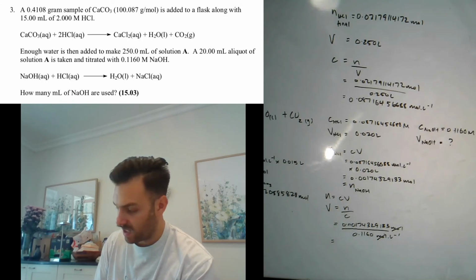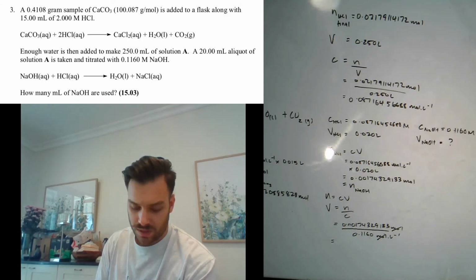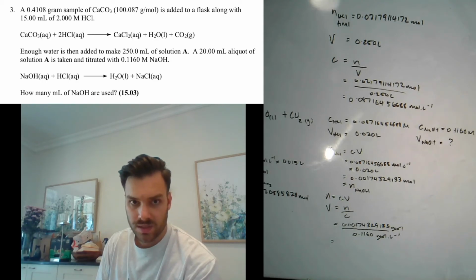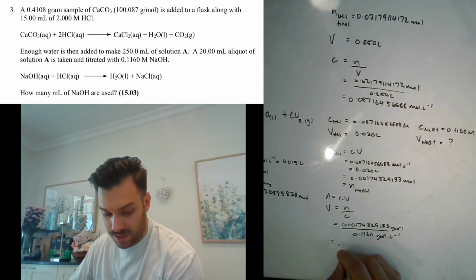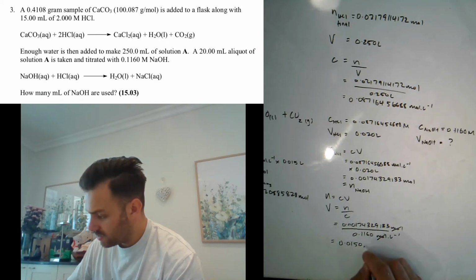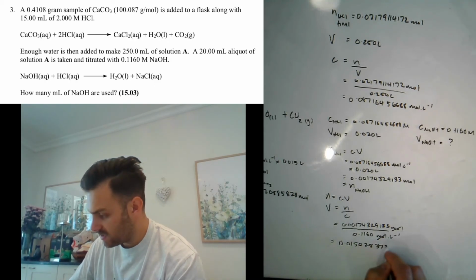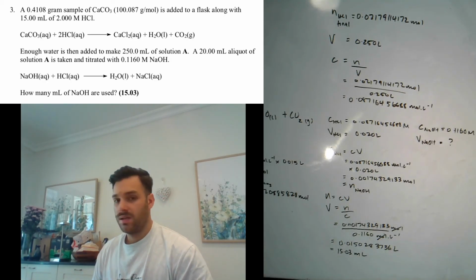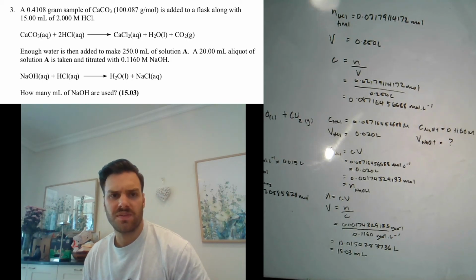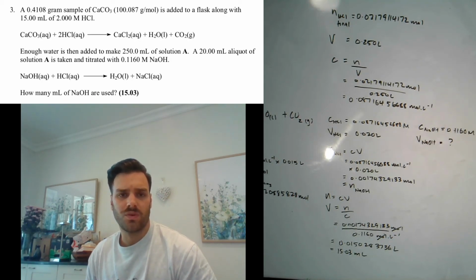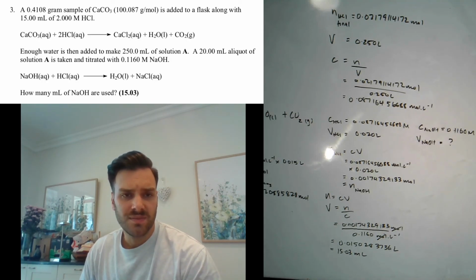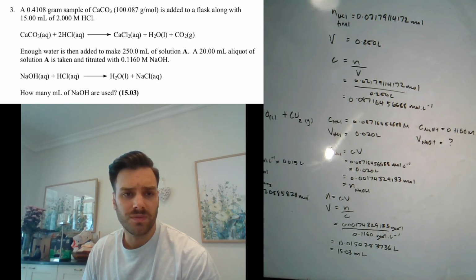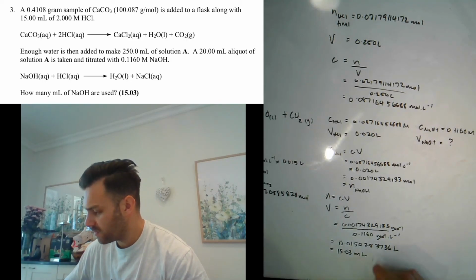So I'm just going to divide the number on my calculator by 0.116, and I end up with 0.01502833736 liters, which is 15.03 mils. Like it says in the question. I'm just having a look for sig figs here. We've got 4 the whole way, so that is appropriate to 4 significant figures.